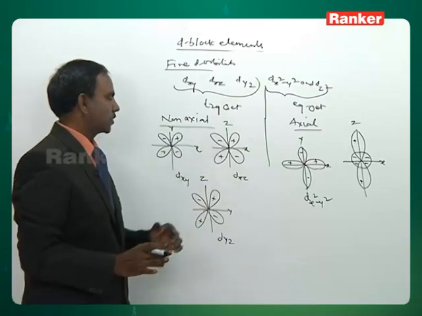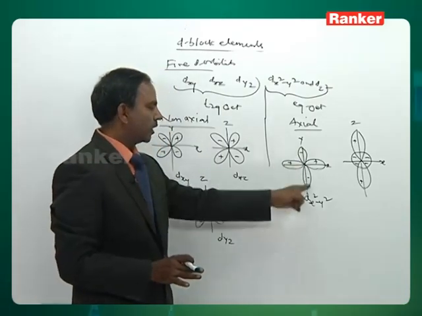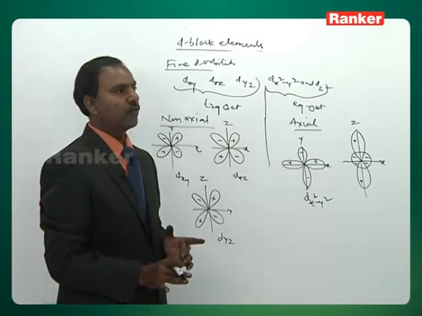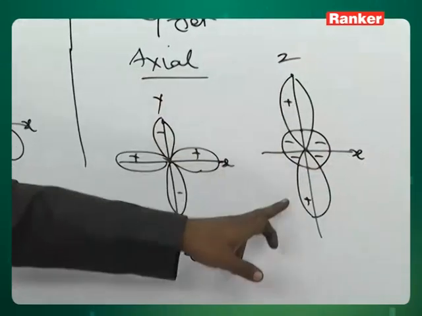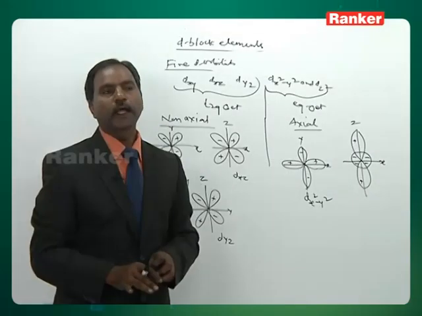Moreover, the plus plus and minus minus I put, imagine these are not charges. These signs are only wave functions. You are clearly observing that in these orbitals, the opposite lobes carry identical wave functions.